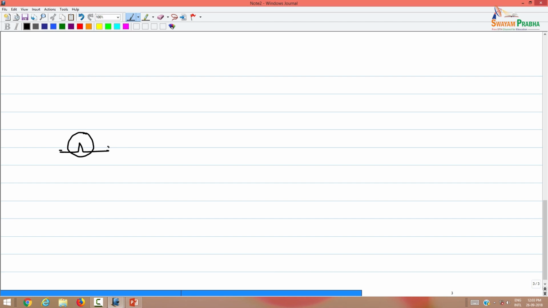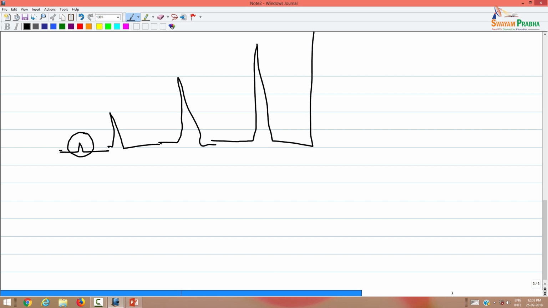Now, if you increase the concentration, the number of receptors occupied increases and you get a higher response. If you increase the concentration further, you get a still higher response. This is called a dose response curve.